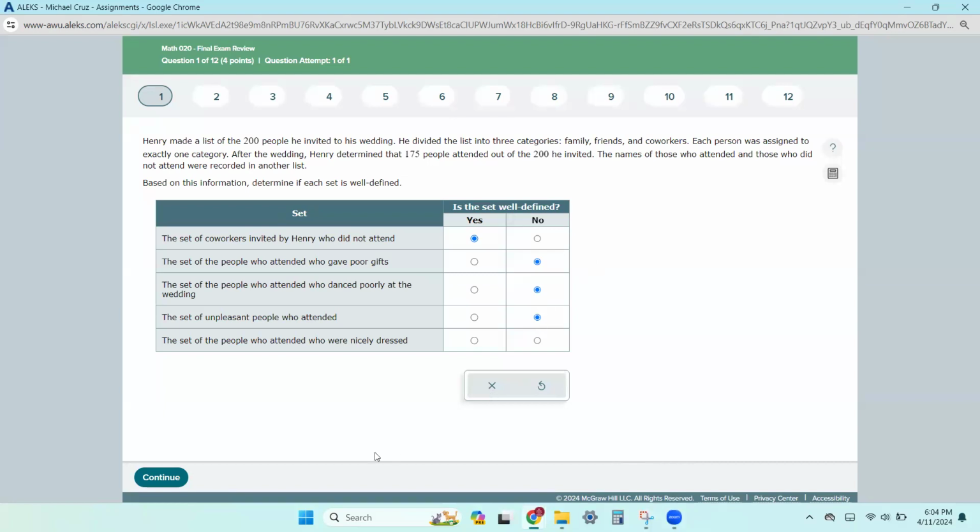The set of people who attended who were nicely dressed. Well, this is one of those where it's almost all of them. Most of the ones I've seen before were just like 1, 2, or 3. Any questions about any of those rascals?